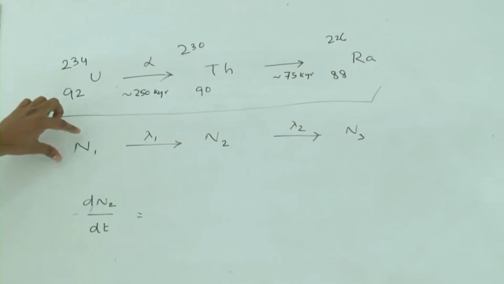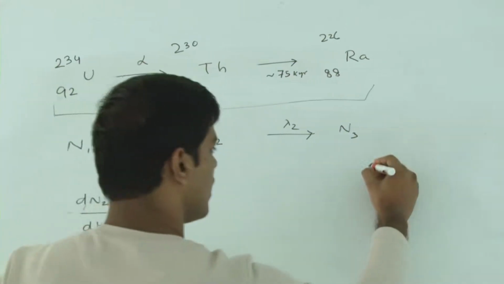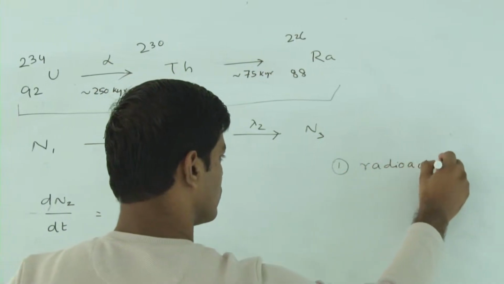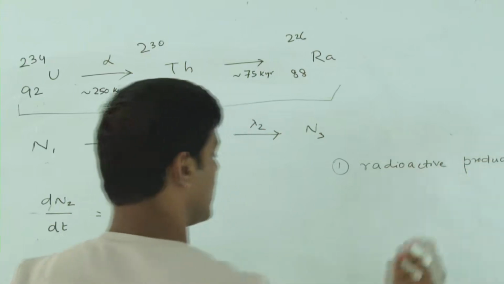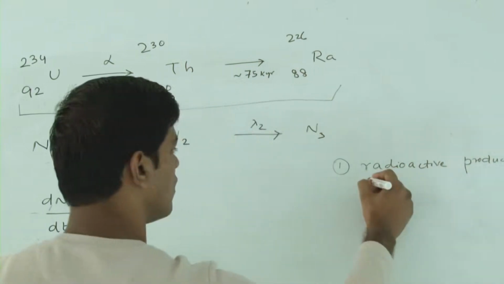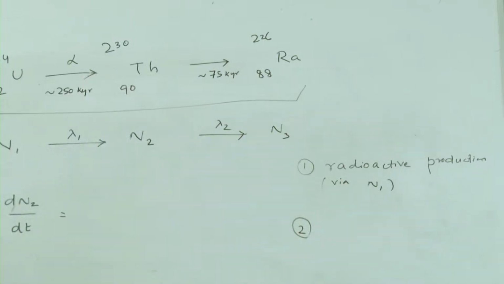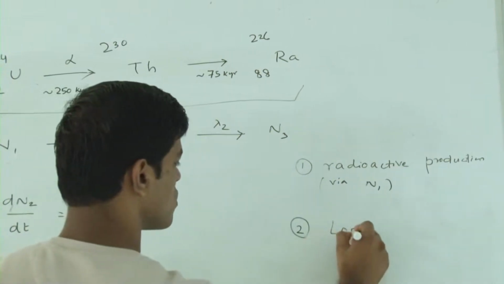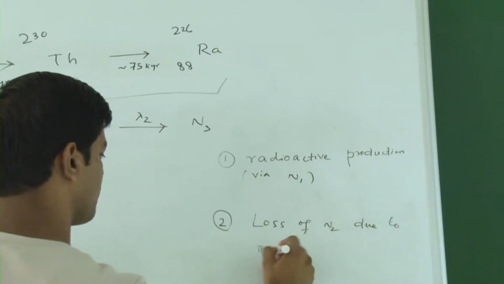One is production of N2 through decay of N1, so there will be a radiogenic production of N2 via N1, and there will be another component where N2 itself is radioactive, so its loss due to radioactivity.